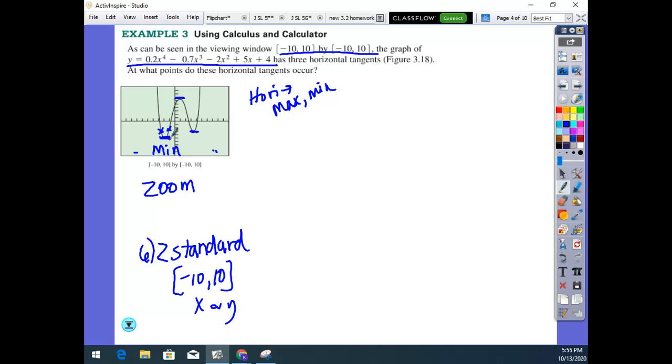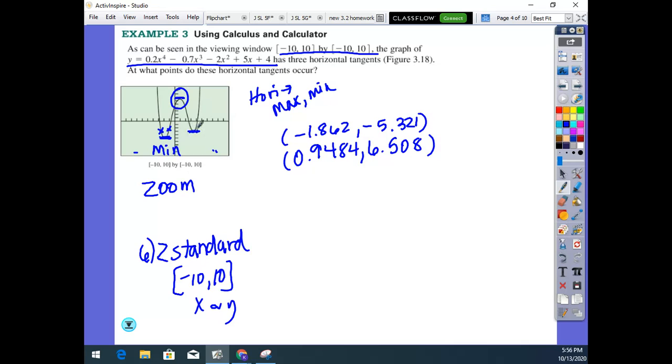And this first point, I must have copied this from the book because I only have 3 decimals. So that's our first horizontal tangent. This is the minimum here. Now I'm going to do the same thing, only now I'm going to look for the maximum, the highest point in that spot. And that will be that coordinate point.